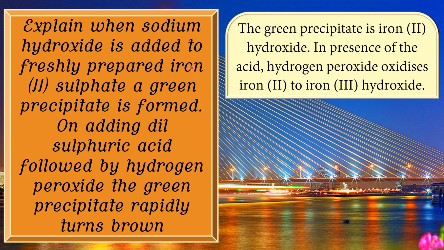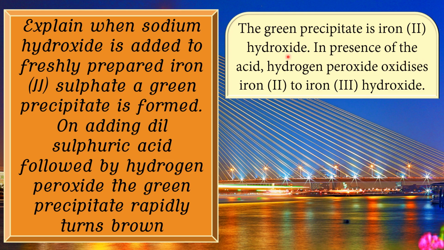The iron ions will react with the hydroxide ions and form iron 2 hydroxide, which is a precipitate, the green precipitate. That is the green precipitate formed.